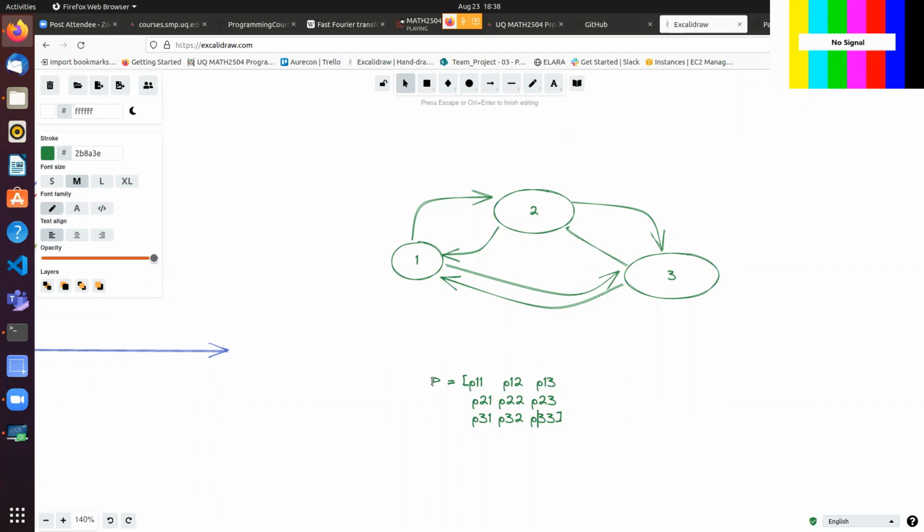So I've got a matrix of all these transition probabilities.